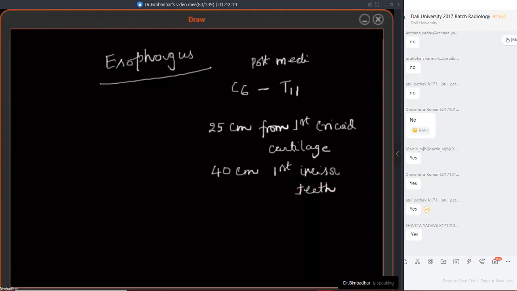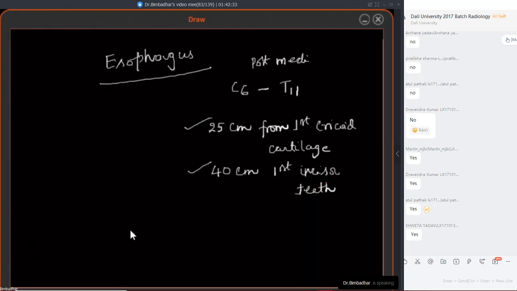I think you know how we can differentiate between incisors and molars, right? Remember, this is a very important point: 25 centimeters from the cricoid cartilage, and 40 centimeters from the first incisor teeth.